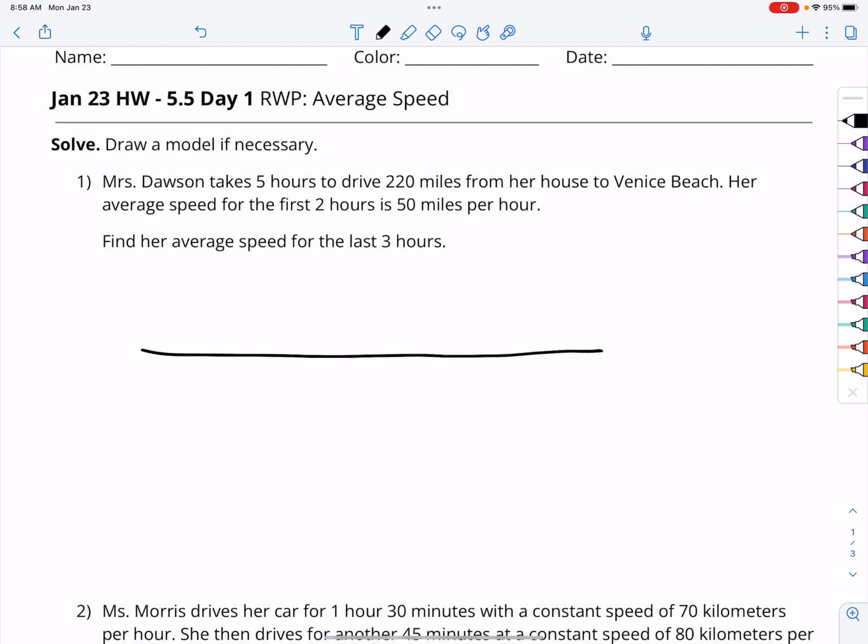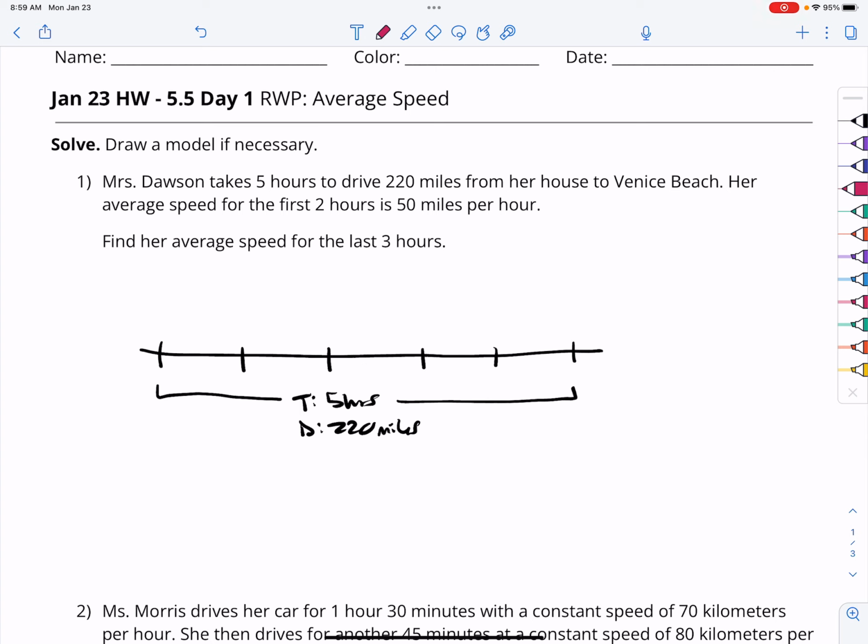So if I do a quick little drawing here, I know that there's going to be 5 hours, and I'm going to just draw this out. 1 hour, 2, 3, 4, and 5. And so for these first 2 hours, the time for this is 5 hours, and the distance is 220 miles for the whole thing.